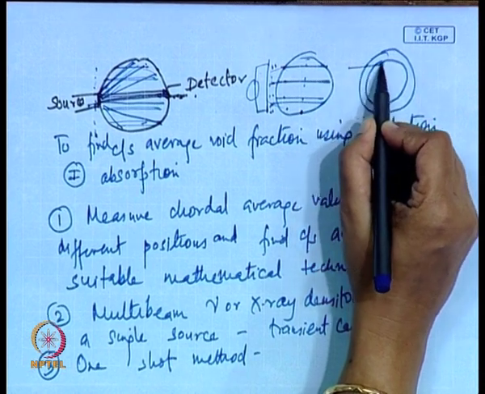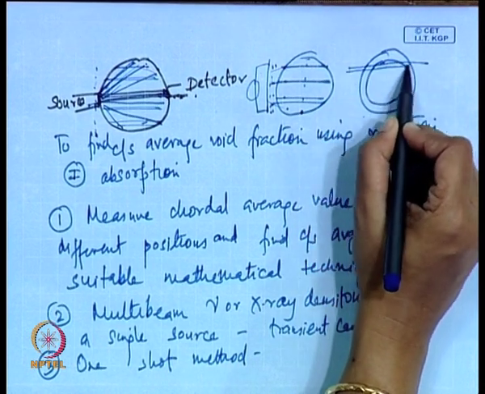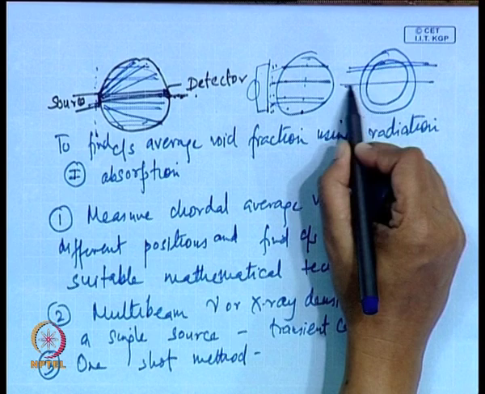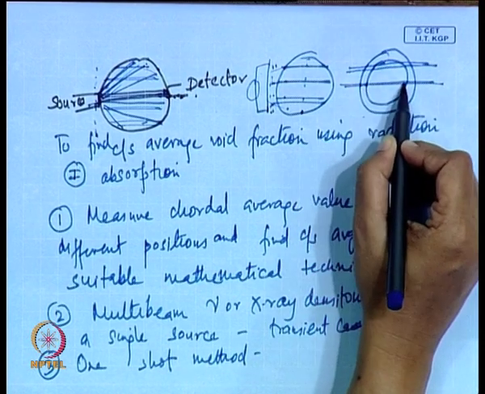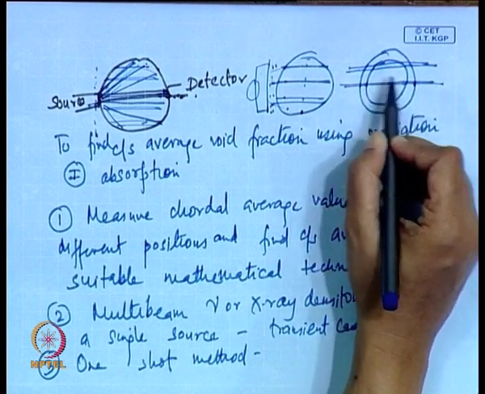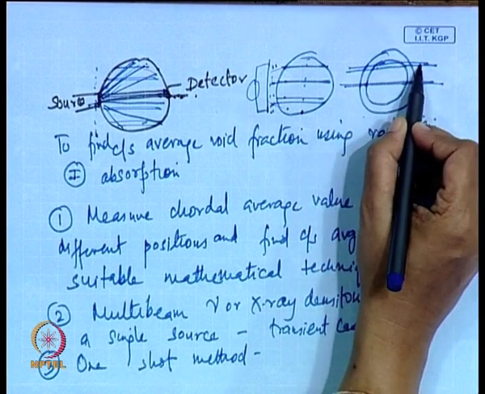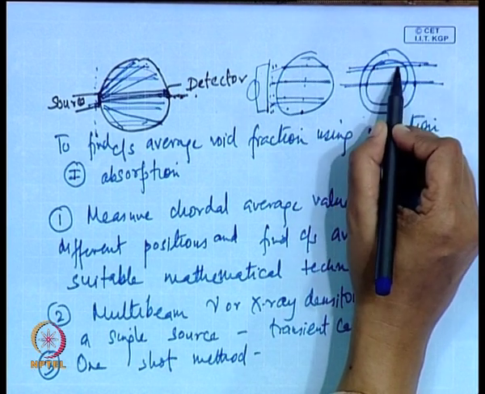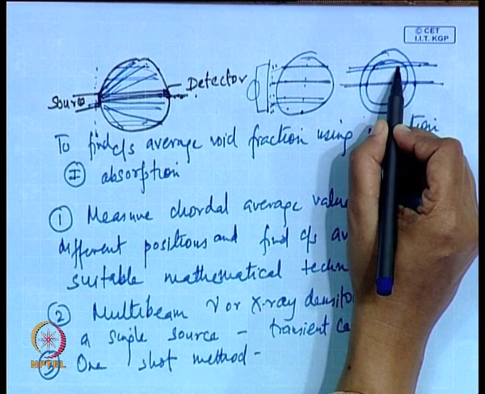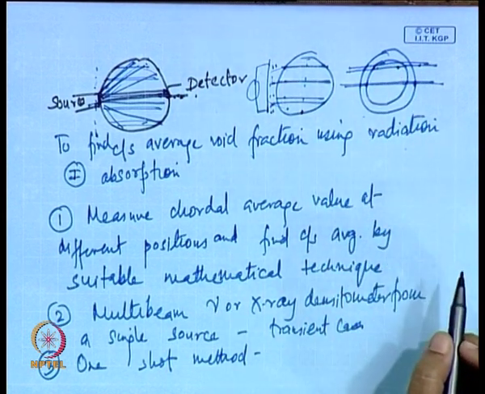A beam coming from here has to cross a lower proportion of the channel wall, while here it has to go through a higher proportion of the channel wall and a lesser proportion of the flow passage. So, these things have to be adjusted.